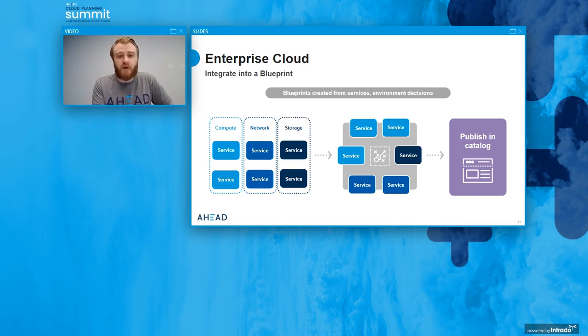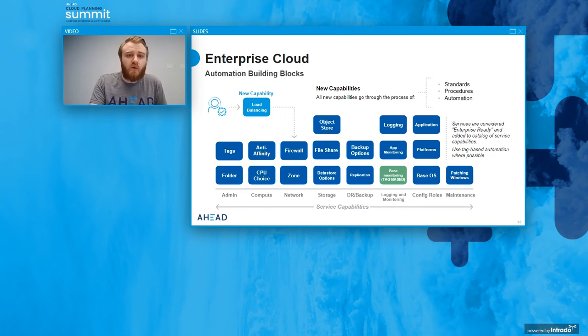So no matter if I'm creating one virtual machine or 20 virtual machines, there should be consistency in the way that that build is going through our internal deployment process. And if we think about how we're taking those actual blueprints or those services available, as we automate each additional configuration or each additional component in all of these different processes, we're able to create essentially these different building blocks.